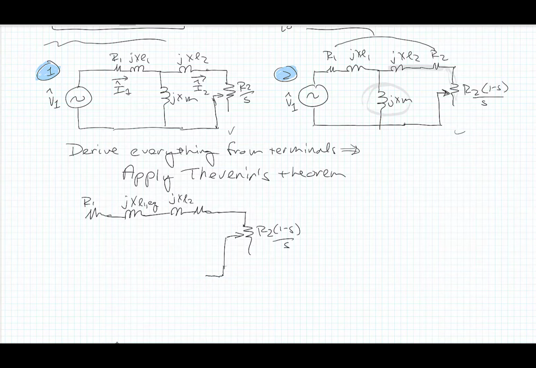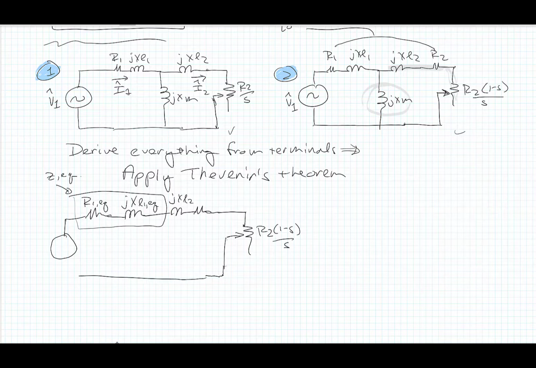And then I have an R1 equivalent. And I would also have to have an equivalent voltage. So these are the Thevenin quantities. This will be a Z equivalent.